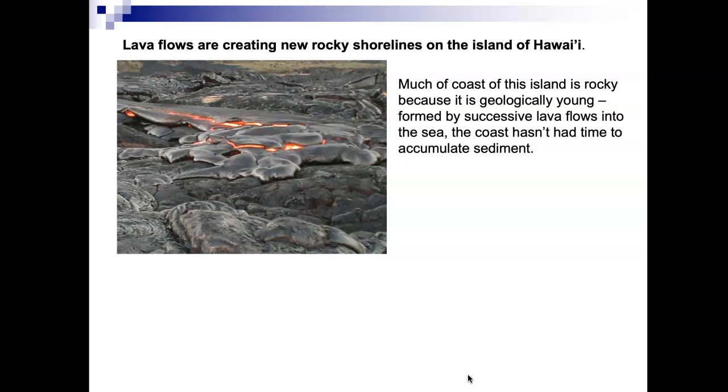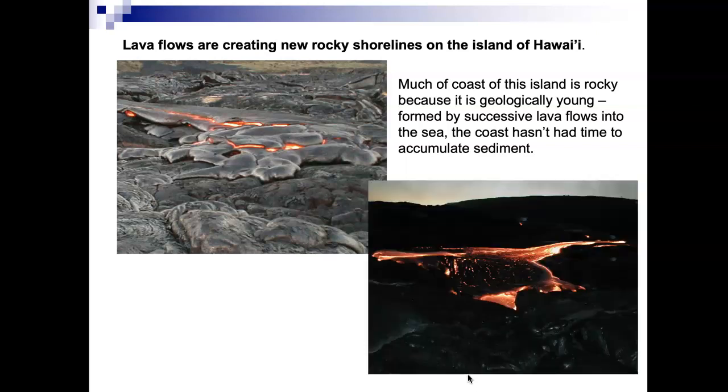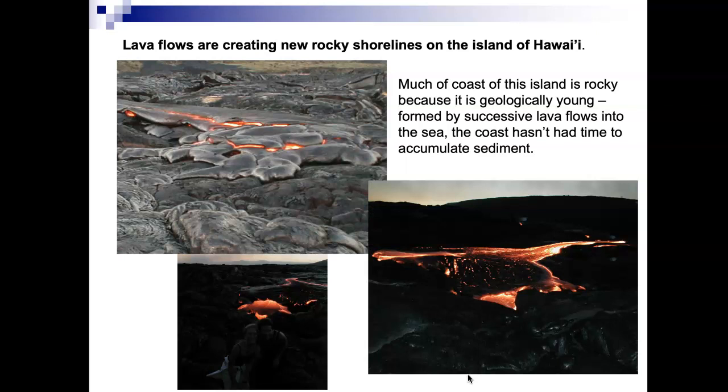When you talk about the island of Hawaii, especially the Big Island, it is very young. You actually have lava flows currently coming from Mount Kilauea, the active volcano there. These are pictures I took from Volcano National Park of some of these lava flows, which is pretty impressive, especially if you go in the evening. These are brand new shorelines.